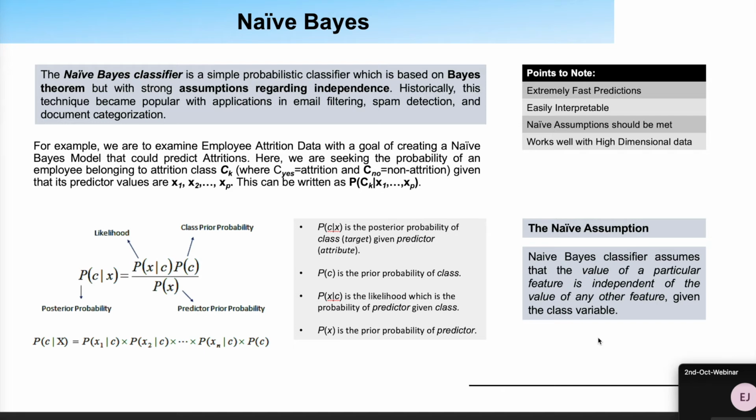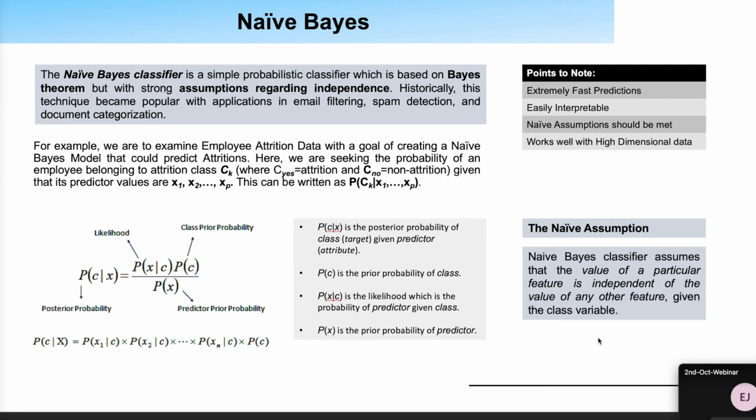Now, what that means in simple terms is that if you have 10 predictor features, you have to make sure for a naive Bayes model to be successful on that particular set of input data that none of these features have a relationship with any other.